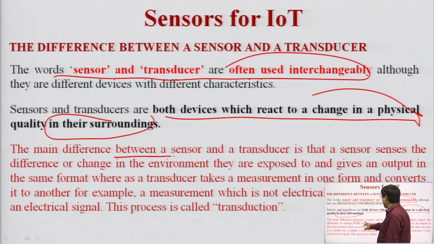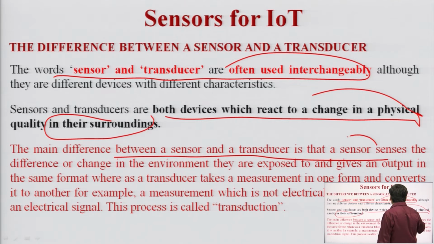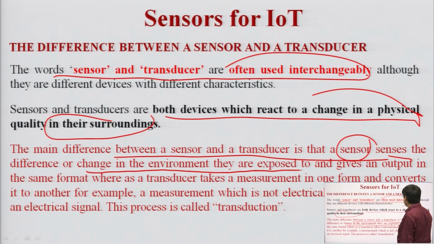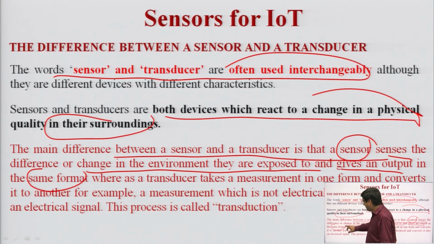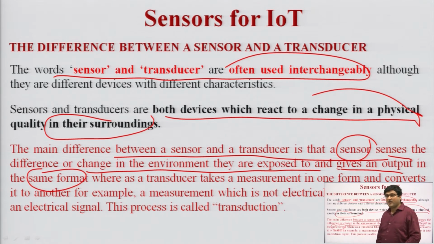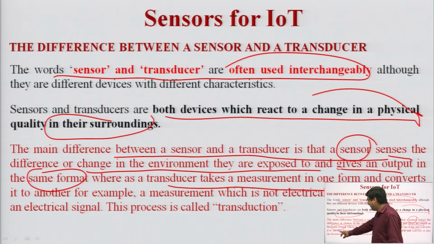So, the main difference between a sensor and a transducer is that a sensor senses the difference or change in the environment it is exposed to and gives an output in the same format. Notice this point, same format. A sensor basically collects a physical environment parameter and converts it into a signal in the same format, but a transducer takes a measurement in one form and converts it into another form.